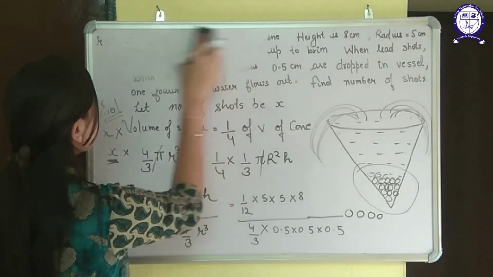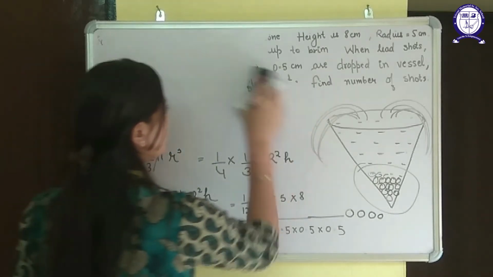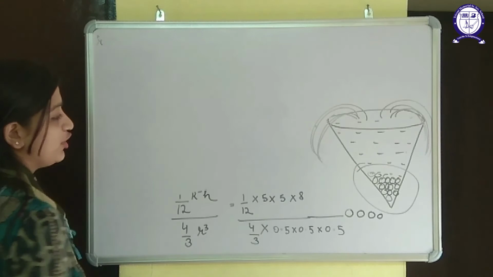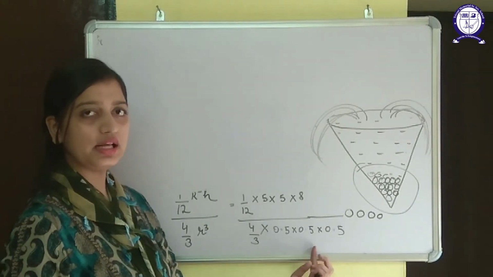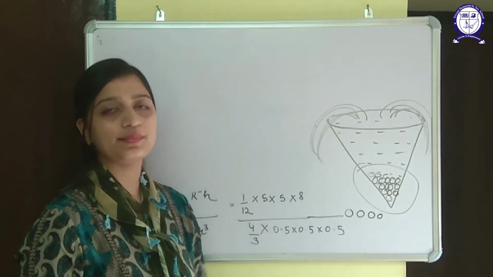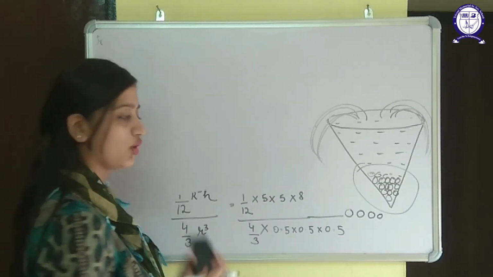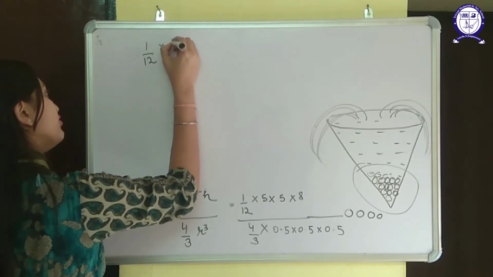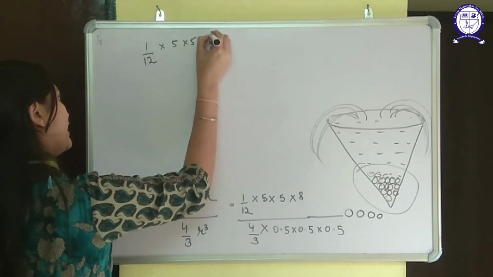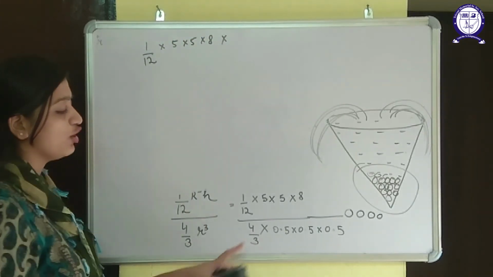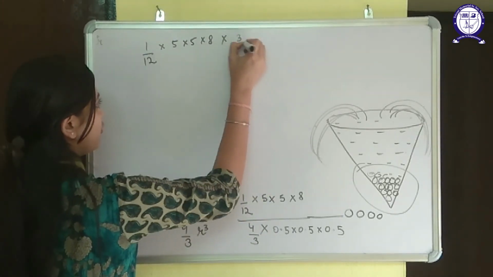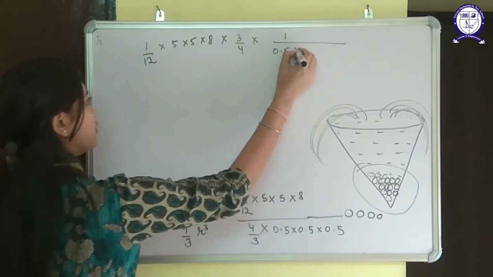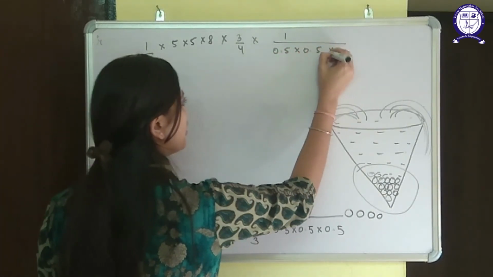Is there anything which we can eliminate? First of all, we will write it like this. We know that when something is in division, then it becomes multiplication by taking the reciprocal. So I can write it as 1/12 into 5 into 5 into 8, and the reciprocal of 4/3 is 3/4, into the reciprocal of 0.5 into 0.5 into 0.5.